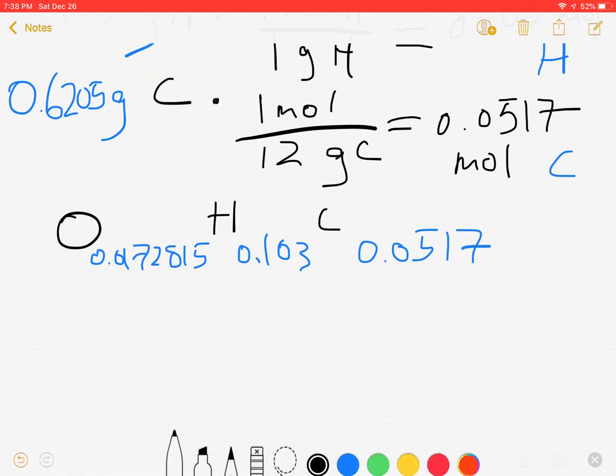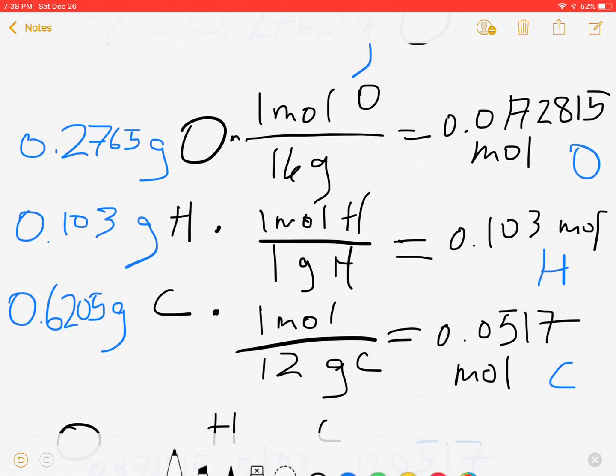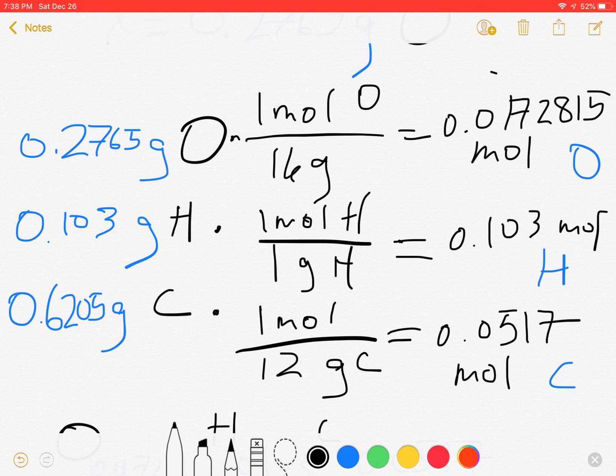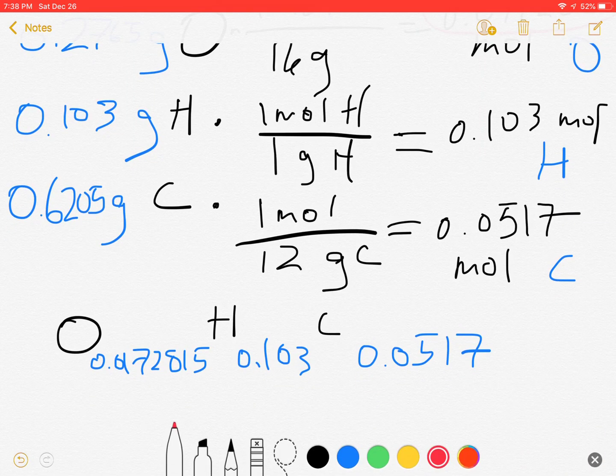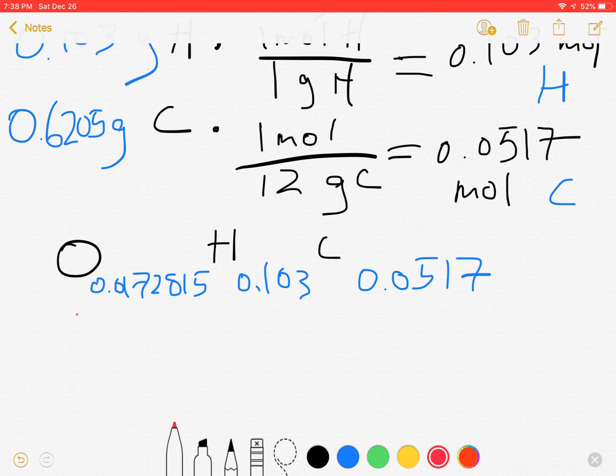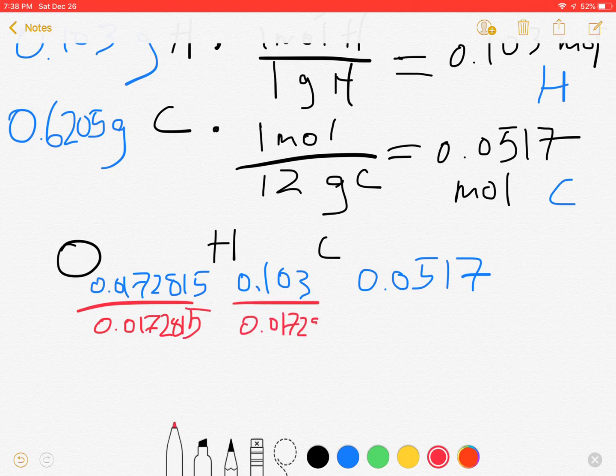The simplest way that you can do all this is by dividing each number by the lowest value out of these three. And so here the lowest value is 0.0172815. So we'll go through and divide all these. We get 0.0172815 divided by 0.0172815, then divide this one by 0.0172815, and then finally divide this by 0.0172815.